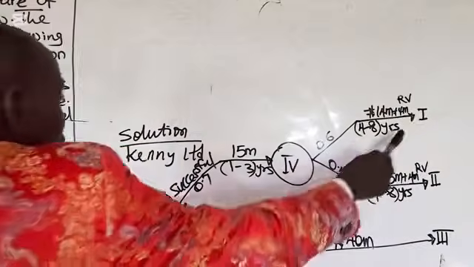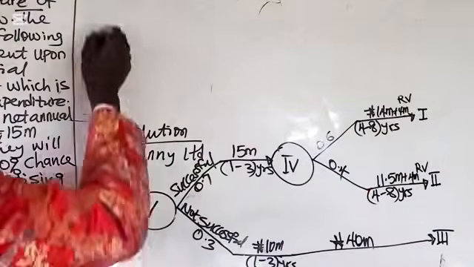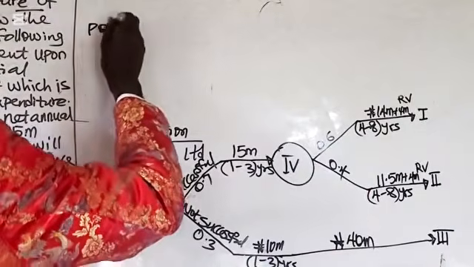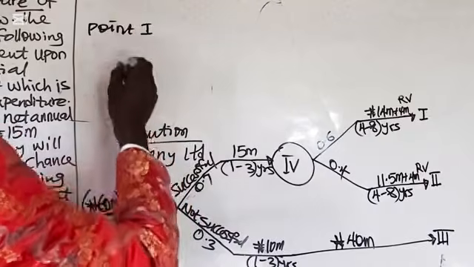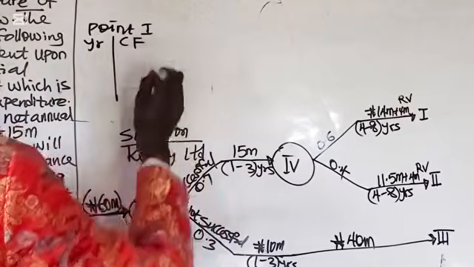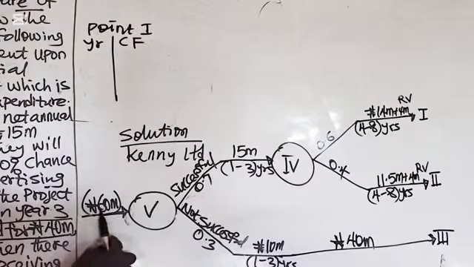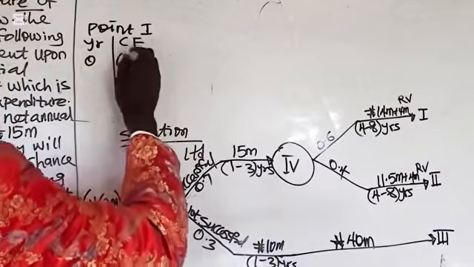Point 1 now. So the initial outlay is usually in year 0, and that is 60 million.